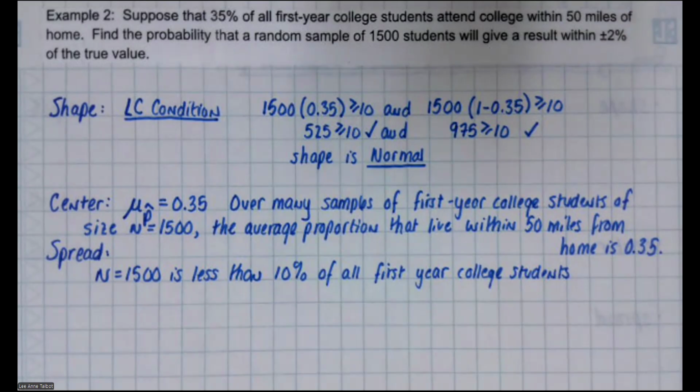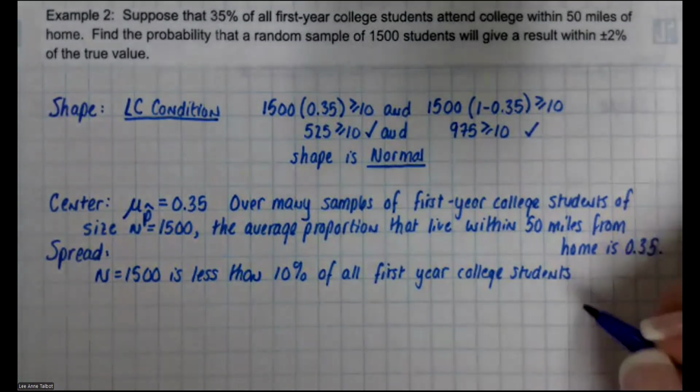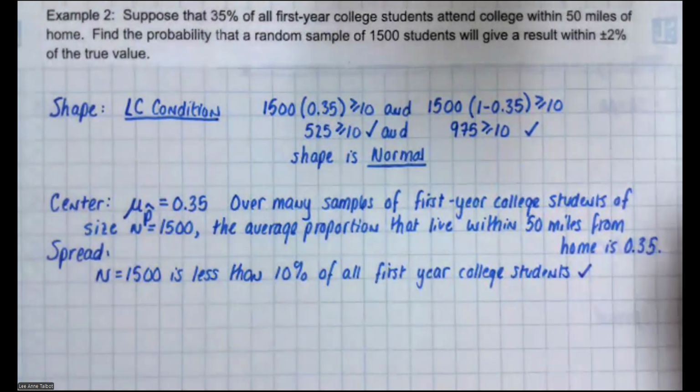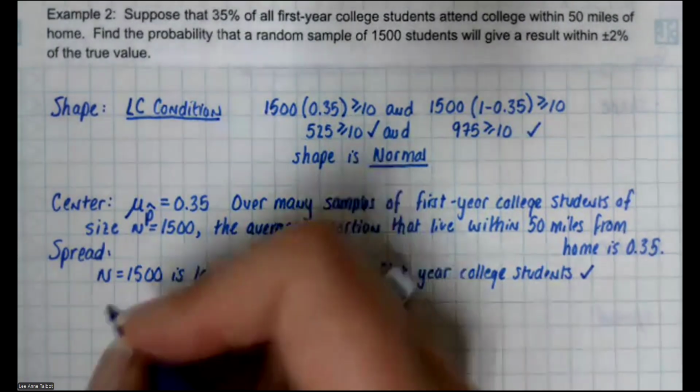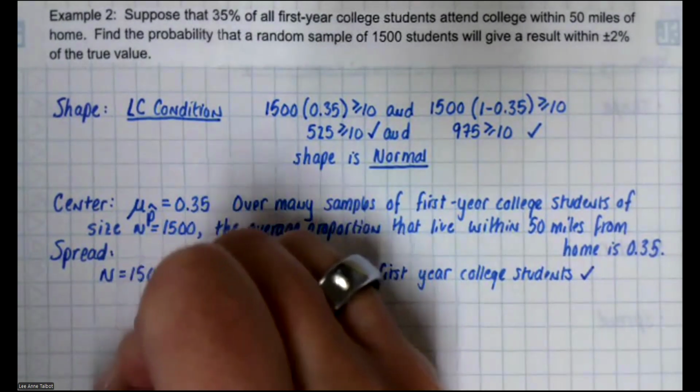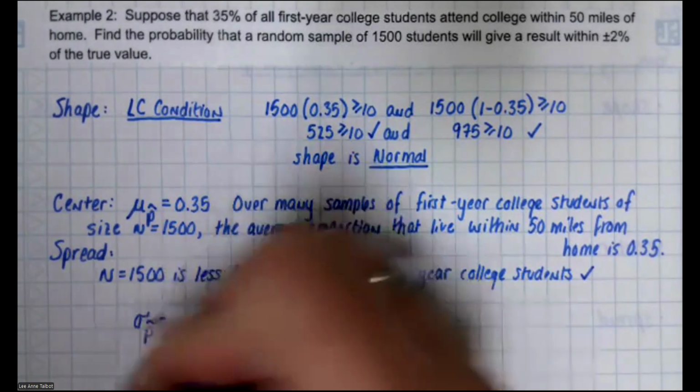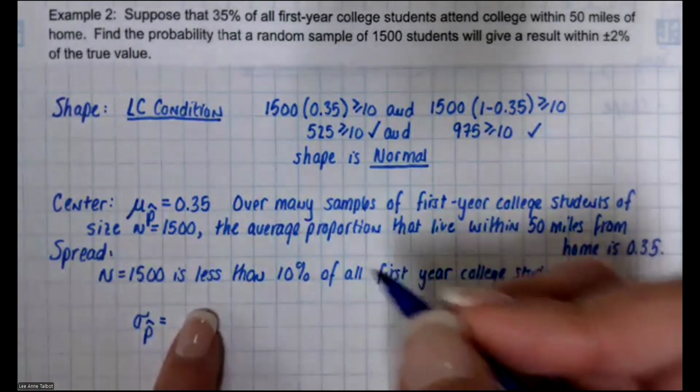N equals 1,500 is less than 10% of all first-year college students. Do you feel confident that there's more than 15,000 first-year college students everywhere? Yes. There's lots of first-year college students. You're a liar, Mrs. Talbot. Giant, giant liar pants.